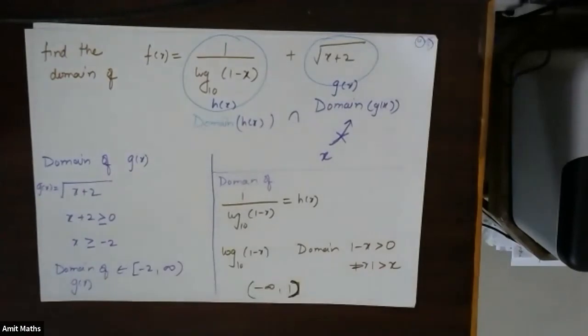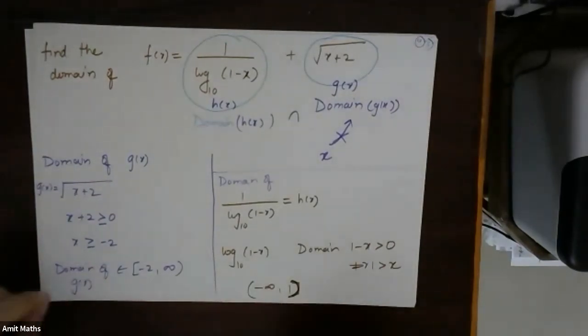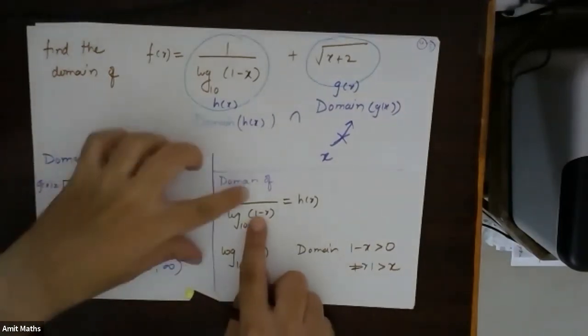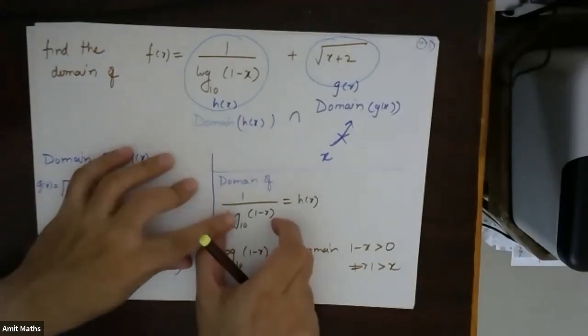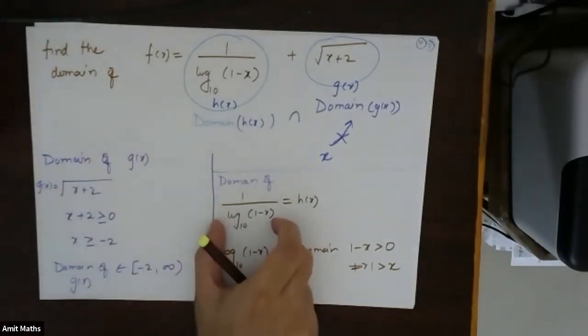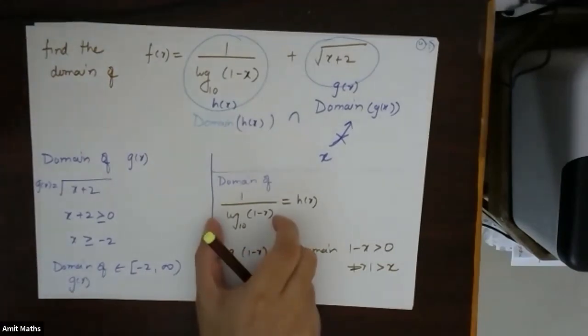Now, the thing to be noticed is that in 1 by log of something, the log part can also take some value of x for which it will be 0.